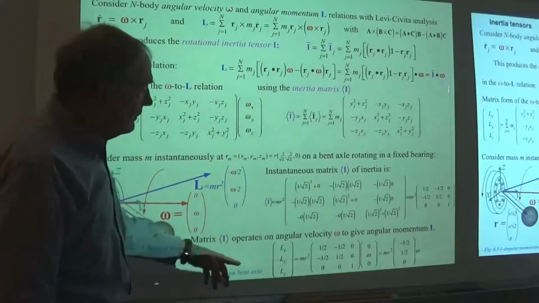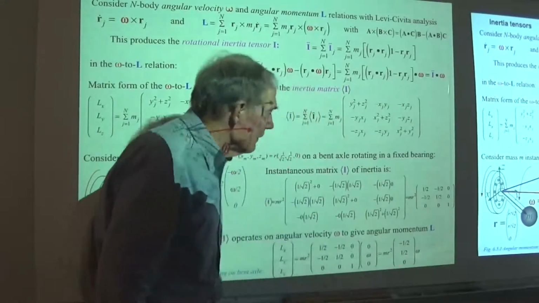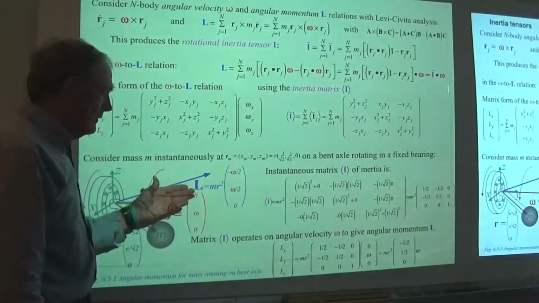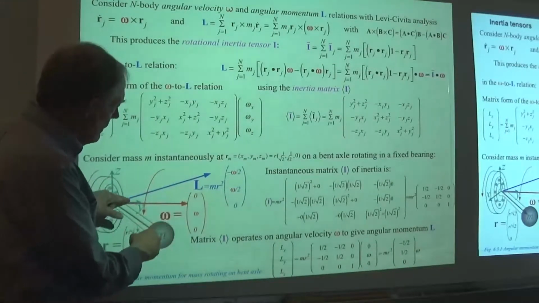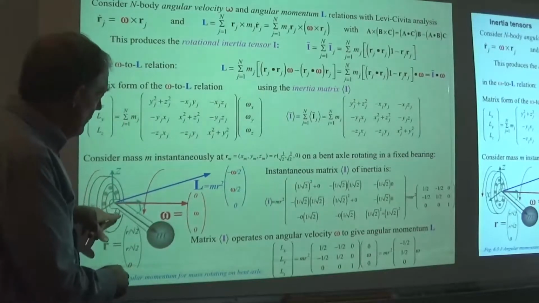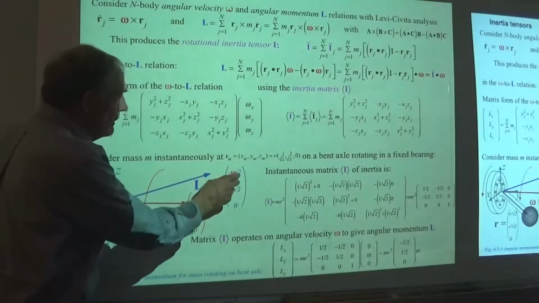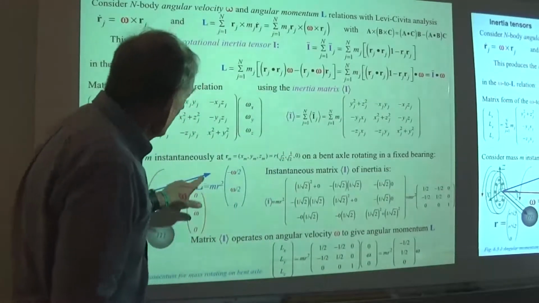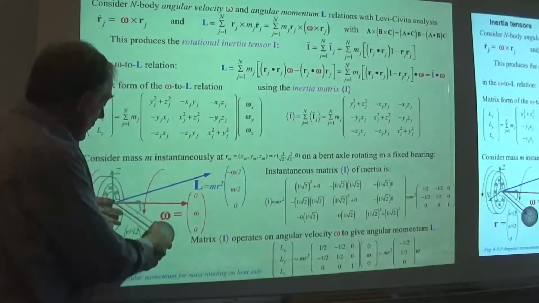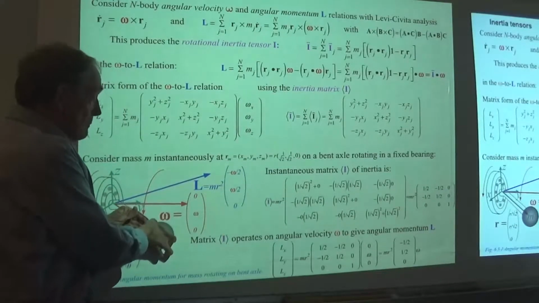And what it's telling us is that the angular momentum vector has a minus sign in this direction and a positive sign in this direction, or maybe the other way around. But anyway, you could have guessed that with your right and left hands, somewhere over here, this is what the vector actually is. This thing right here is there, but it's attached to this body, this axial axis plus mass.